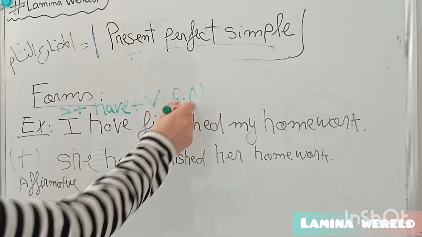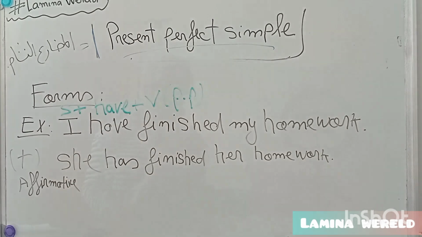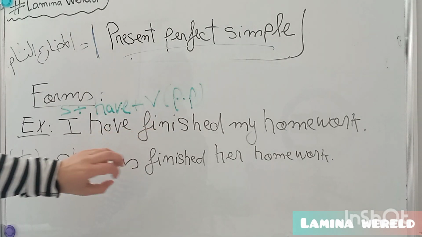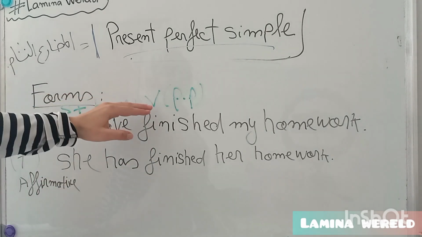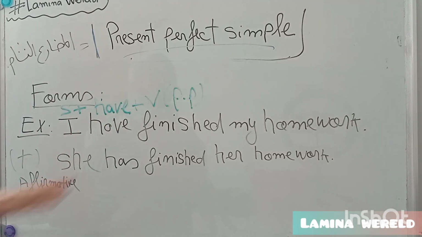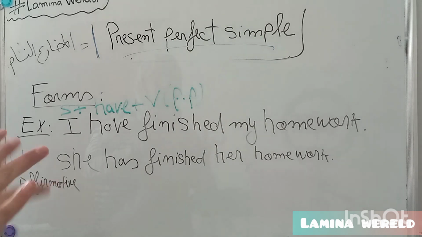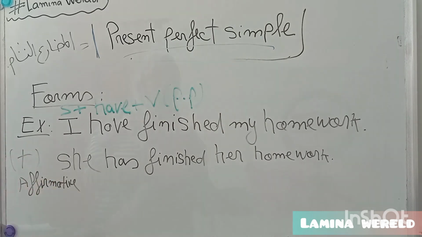Now pay attention. Verb in past participle, there is no rule for this verb. You have to memorize it by heart. You can find a list of verbs of past participle at the end of your textbooks, or you can just Google it or ask me to make a list of these verbs.